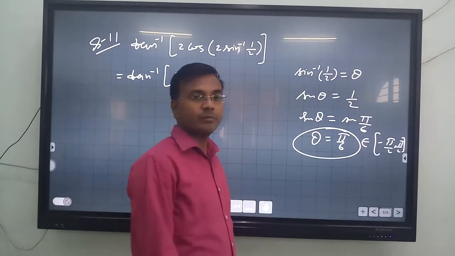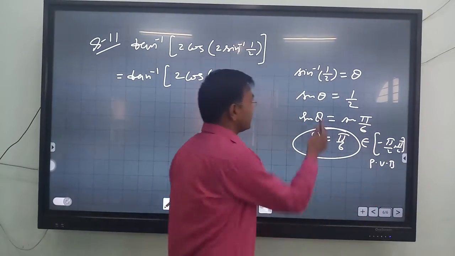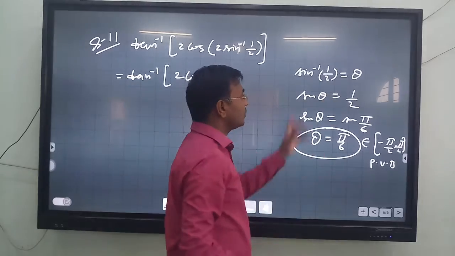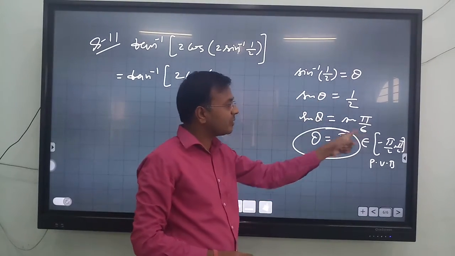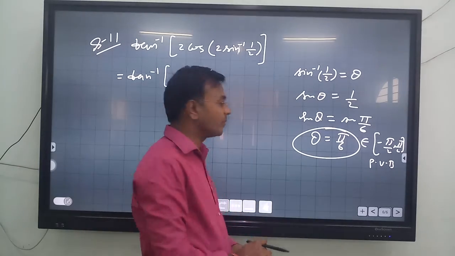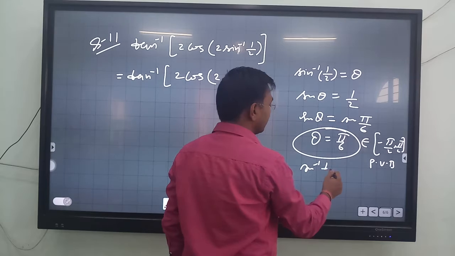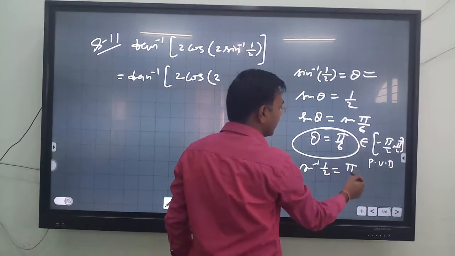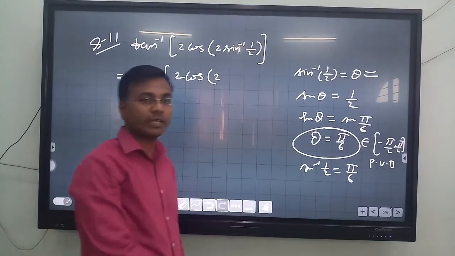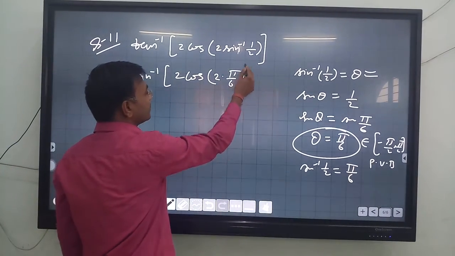That is the principal value branch, PVB. Make sure in such functions, sin inverse 1 by 2, whatever angle is coming, it must belong to the principal value branch. So the value of sin inverse 1 by 2 equals theta, and we have calculated theta as pi by 6. Okay, so substitute the value of this pi by 6.